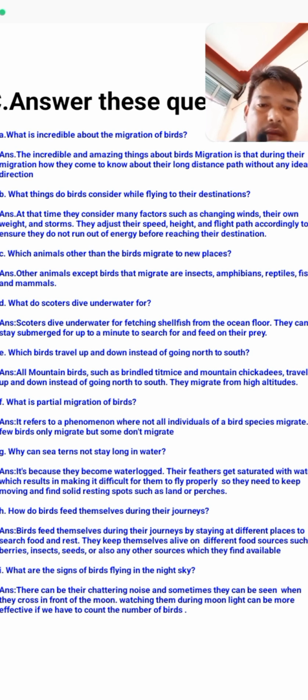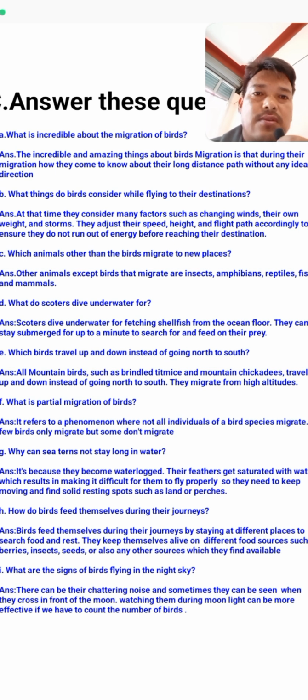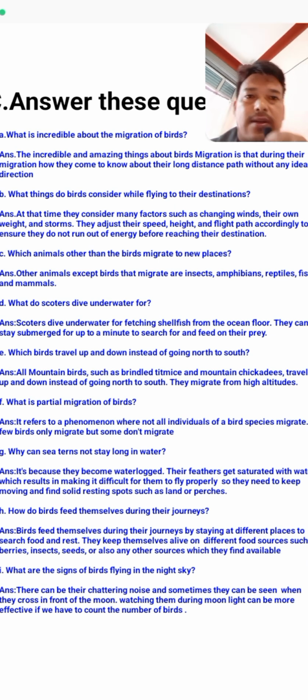They keep themselves alive on different food sources such as berries, insects, seeds, and many other sources which they find available. So during migration, students, birds always stay somewhere at a favorable place to have food and shelter and take rest. They use whatever better resources they find available for their feeding.